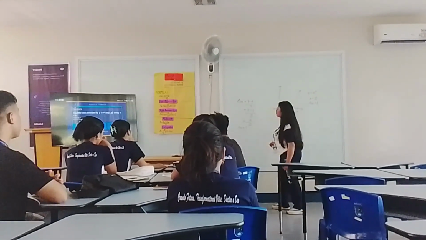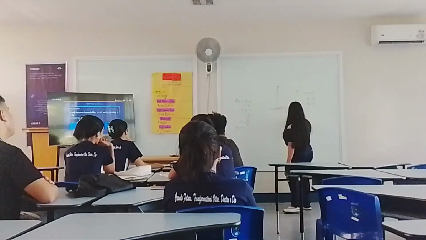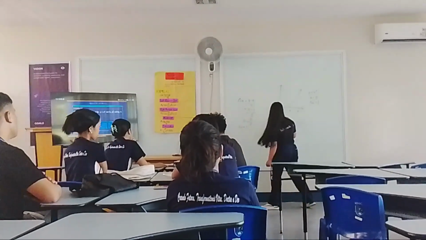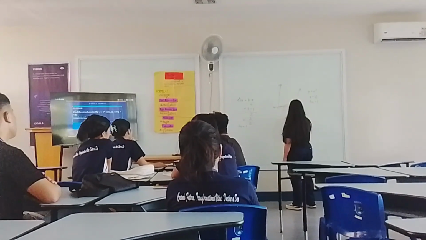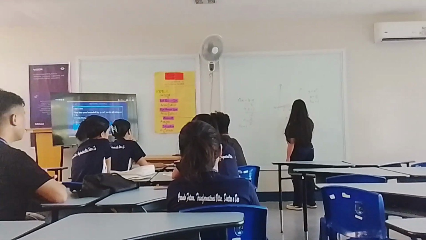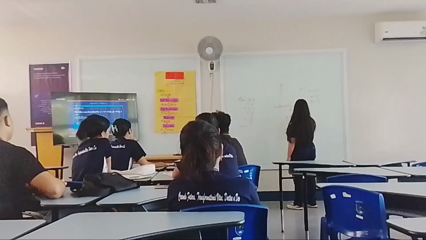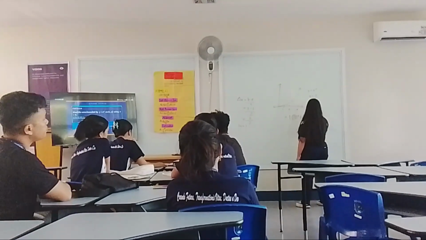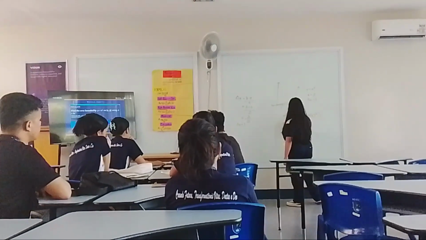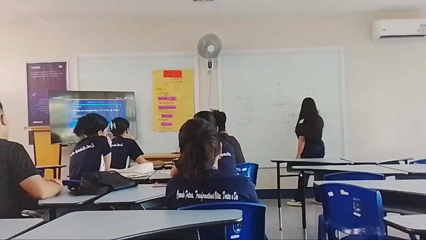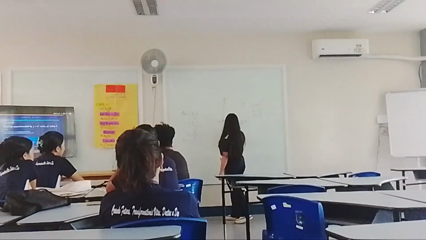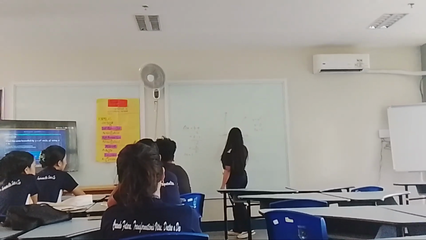So let's start with finding the left Riemann sum. So this is the formula. Take note of this, class. This will be our ground: 1, 2, 3.